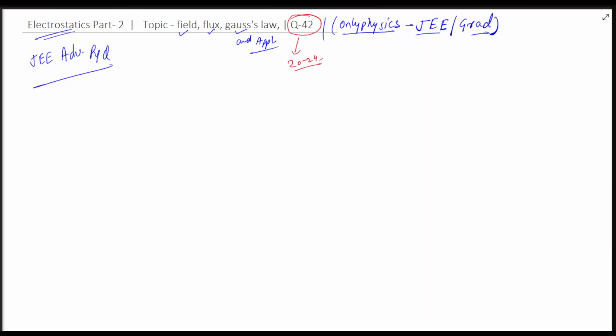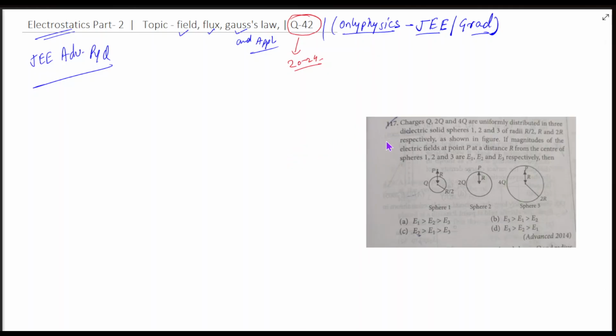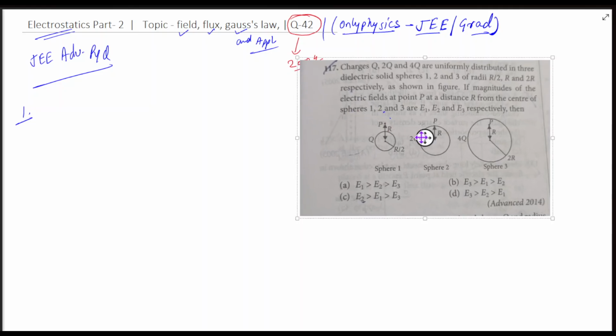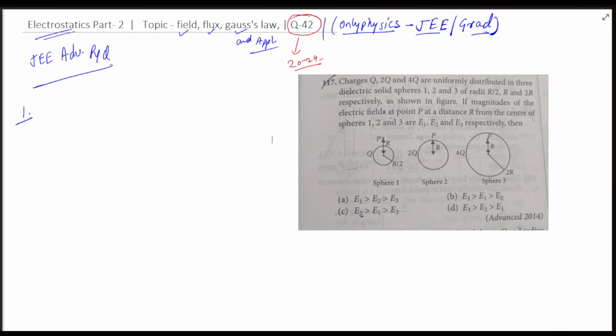So this is going to be our first question. Here we are given charges Q, 2Q, and 4Q uniformly distributed in three dielectric solid spheres.